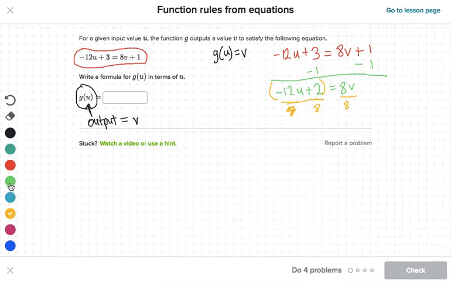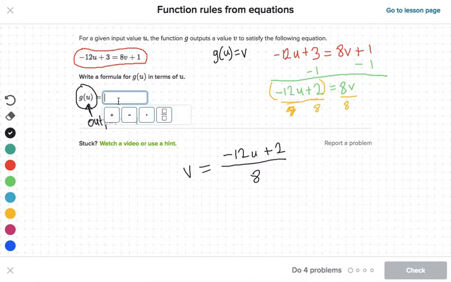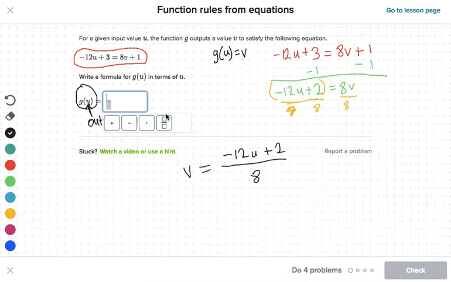So this gives us a very simple v equals negative 12u plus 2 all divided by 8. You don't need to simplify it any further than that. Khan Academy is perfectly happy with you solving it like that. So let's use these tools right here. We're going to put negative 12u plus 2, and underneath we're going to put our 8, and that is perfectly okay for Khan Academy.